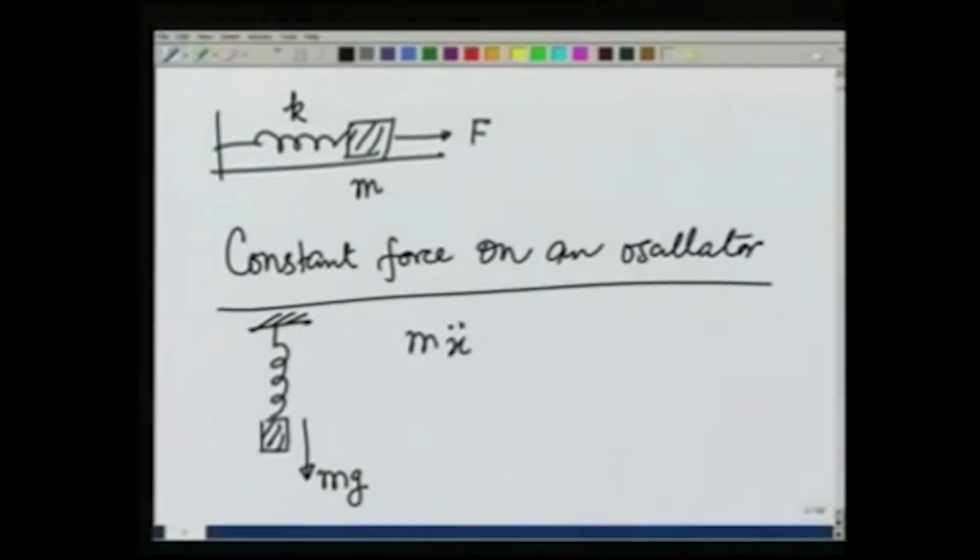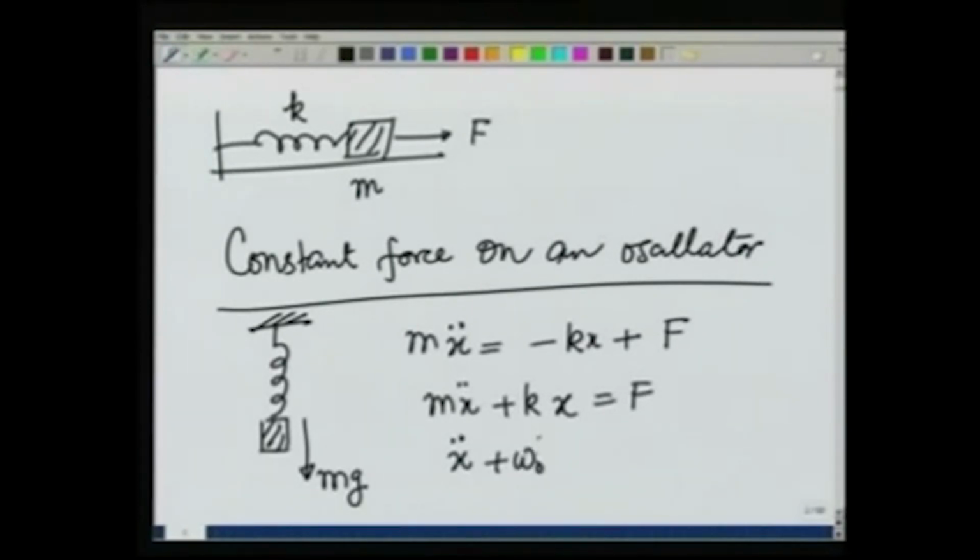m x double dot in this case is going to be equal to minus kx plus whatever that constant force that I have applied, and therefore m x double dot plus kx is equal to f. Dividing by m, I can write this as x double dot plus omega 0 square x equals f over m, where omega 0 is square root of k over m.